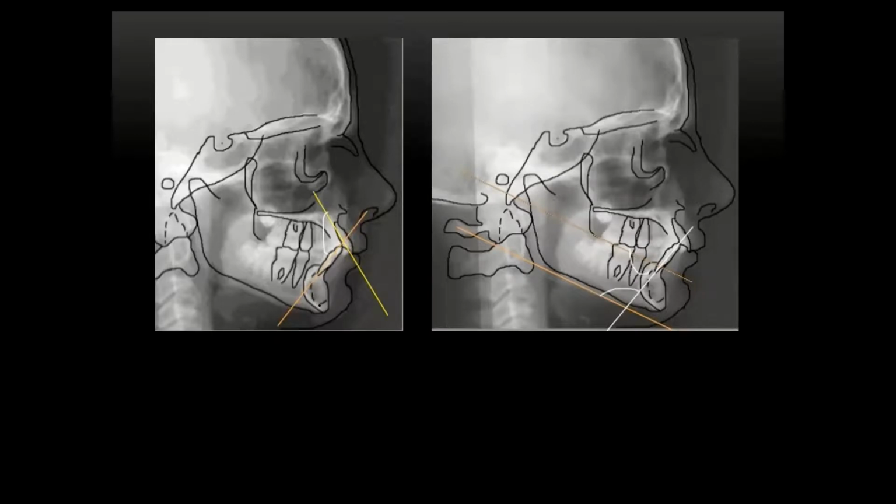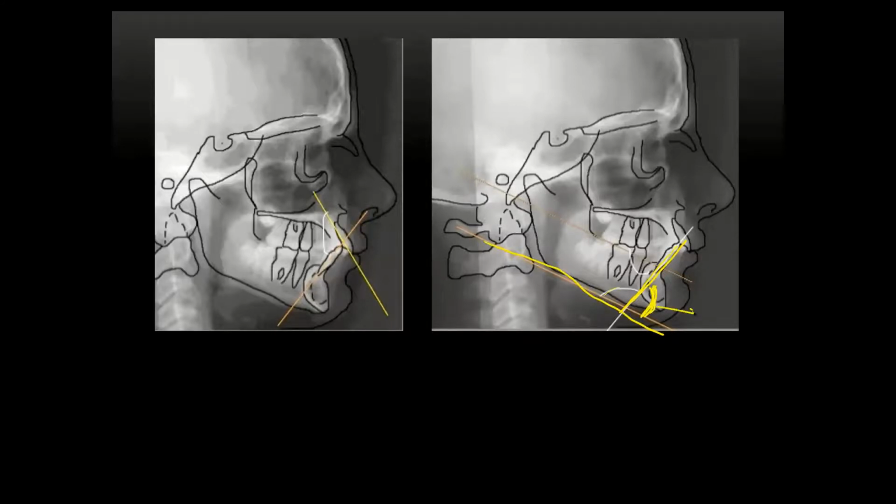Now is the incisor occlusal plane angle. You draw the long axis of the lower incisor and the mandibular plane, and take the smaller angle, not the larger one.